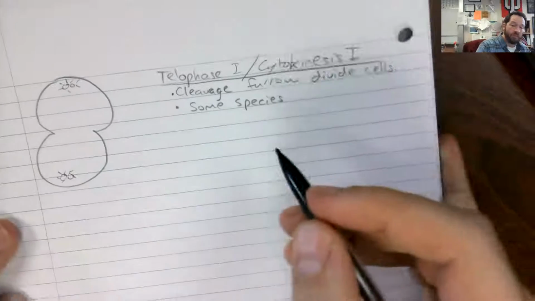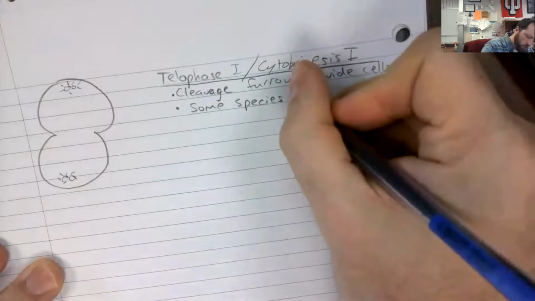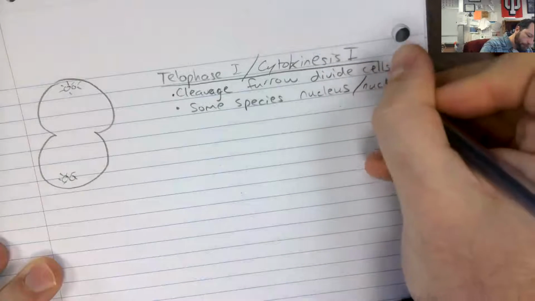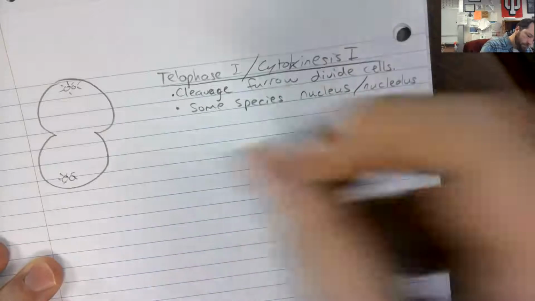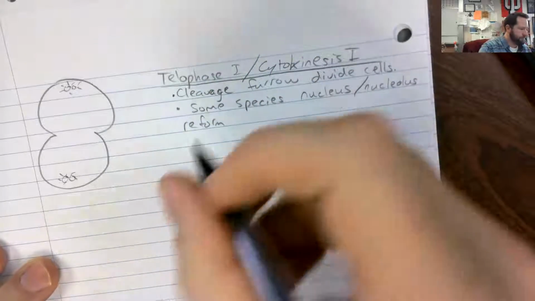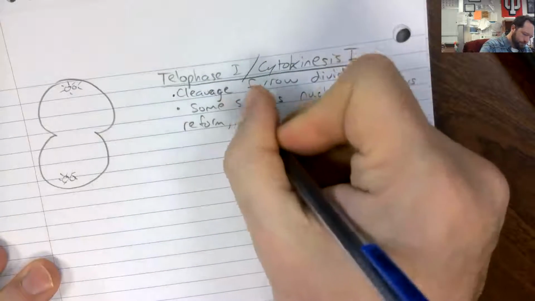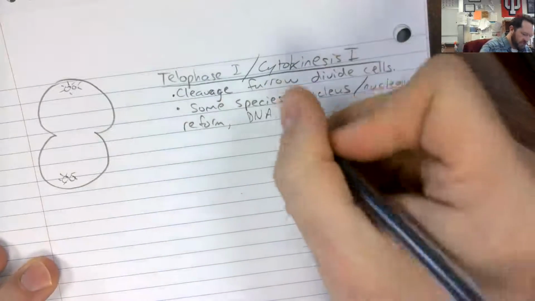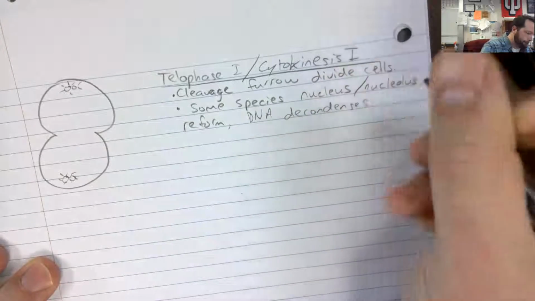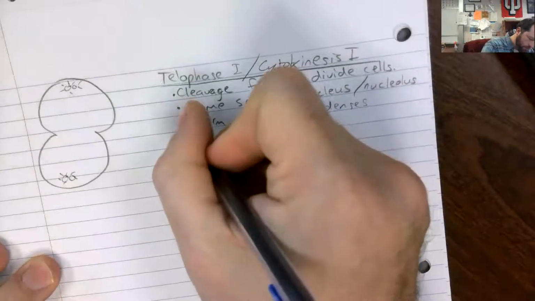In some species, the nucleus and nucleolus reform. The DNA decondenses back into chromatin.